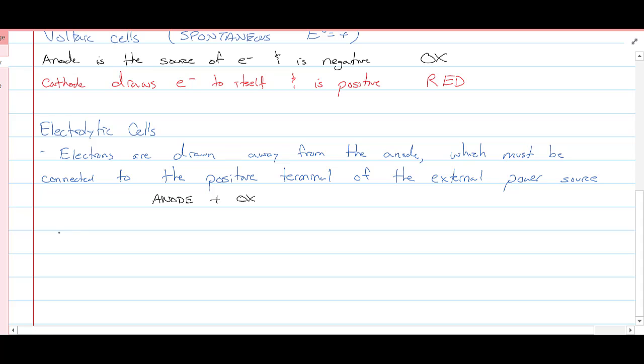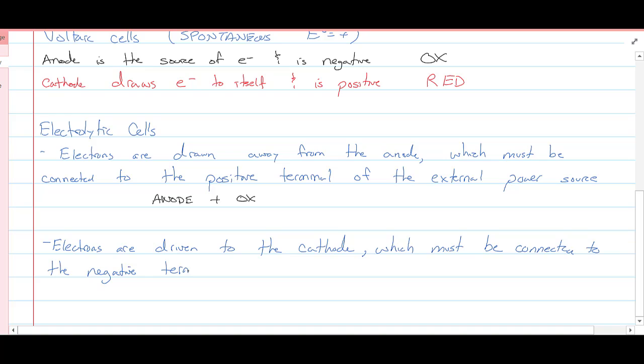And in this case, electrons are driven to the cathode, which must be connected to the negative terminal of the external power source.